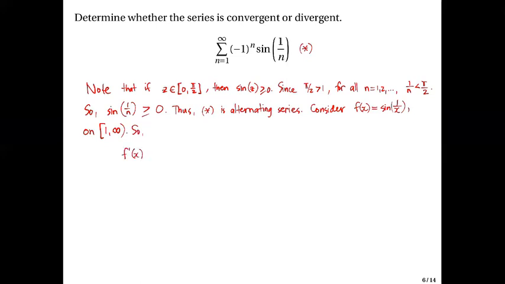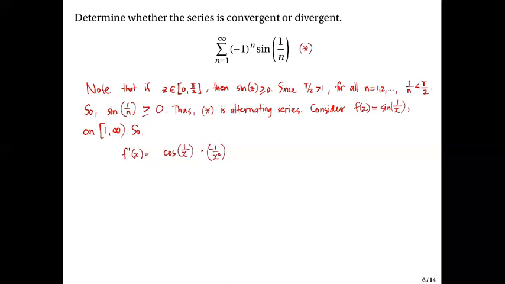F prime of x is equal to what? Derivative of sine of 1 over x is cosine of 1 over x times, by chain rule, the derivative of 1 over x, that's negative 1 over x squared, correct?